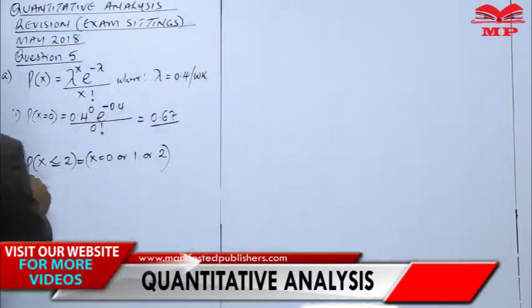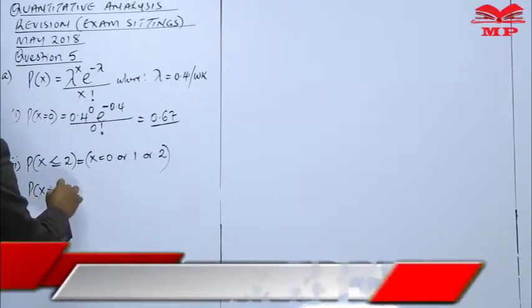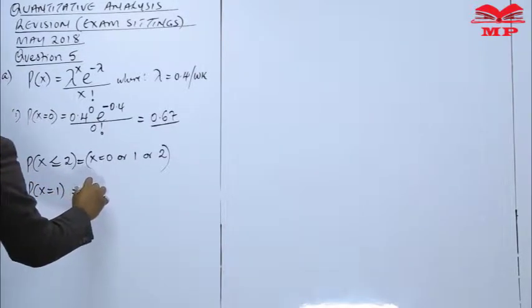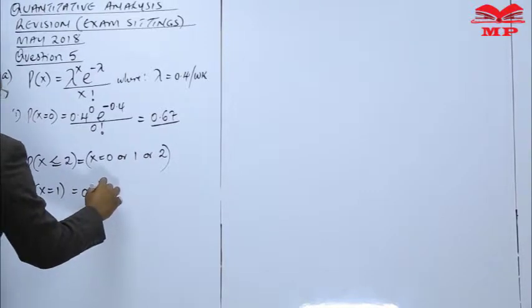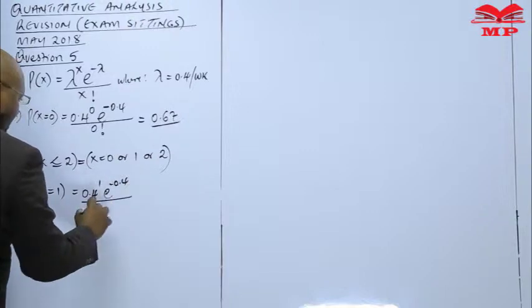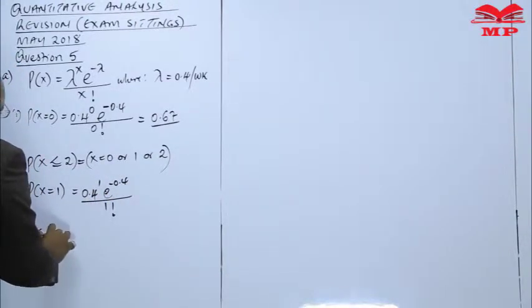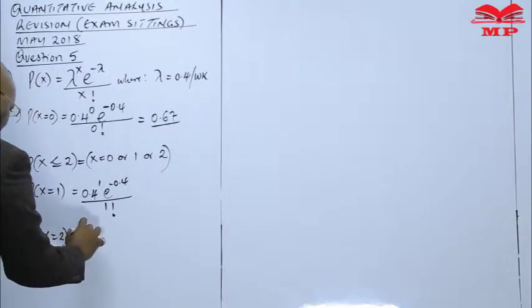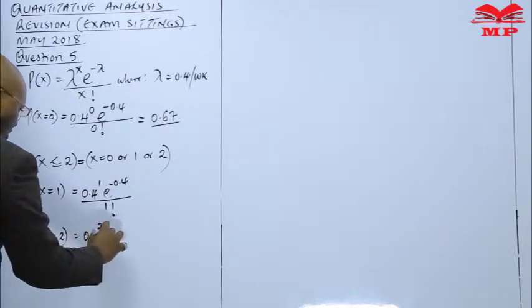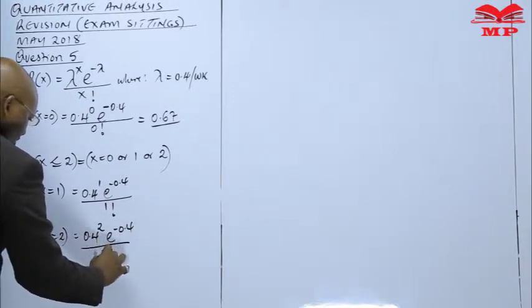We can have the probability that x equals 1 equals 0.4 power 1, then E minus 0.4, divided by 1 factorial, and then the probability of x equals 2 is 0.4 power 2, then E minus 0.4, then divide this by 2 factorial.